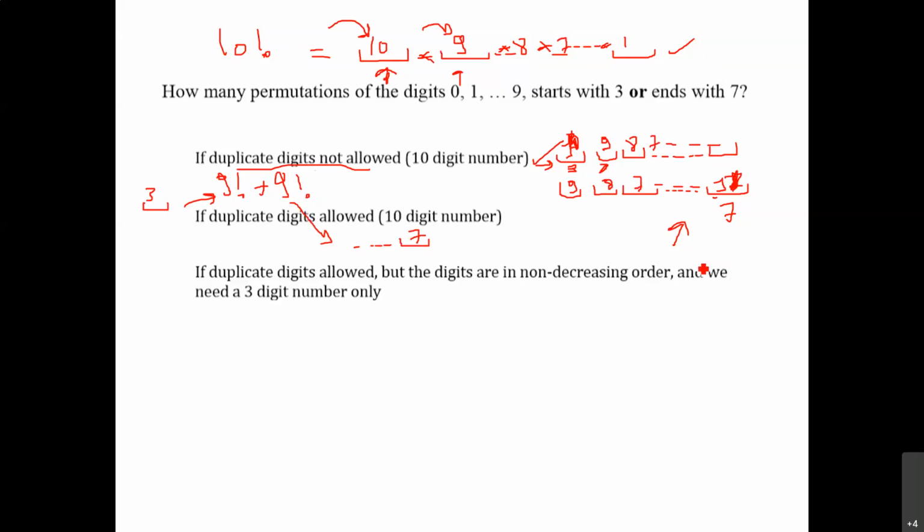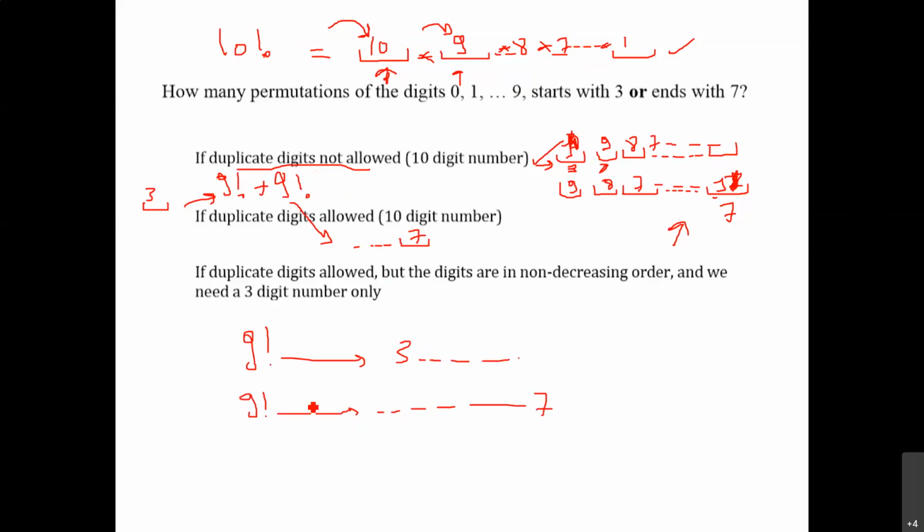Do I have any other possibilities? No, I don't. These are all the possibilities, but I am overcounting. The first 9 factorial takes care of all the numbers that start with 3. The second takes care of all the numbers that end with 7.